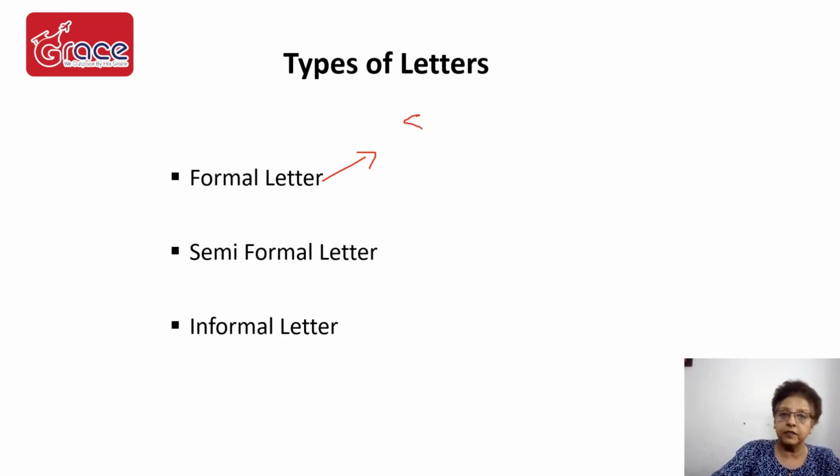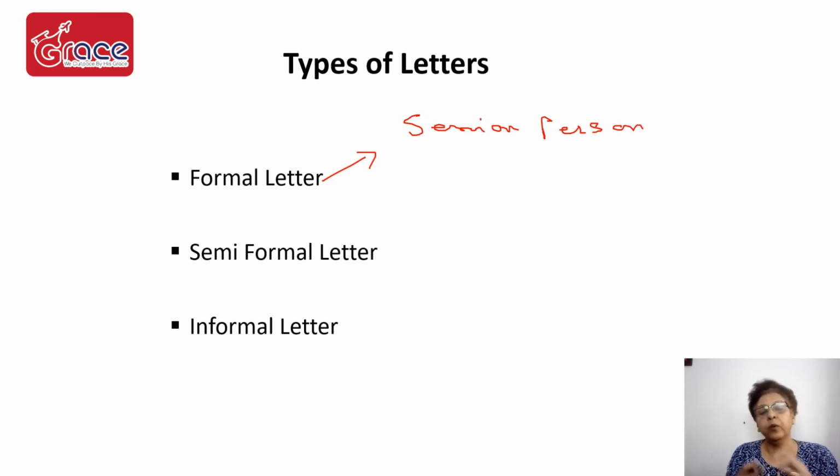This person holds a senior position at whatever department, office or workplace you're writing the letter to, and he is an unknown person. This person is unknown to you. There are these two things that you would be writing.